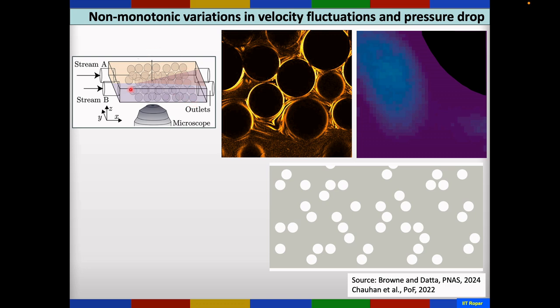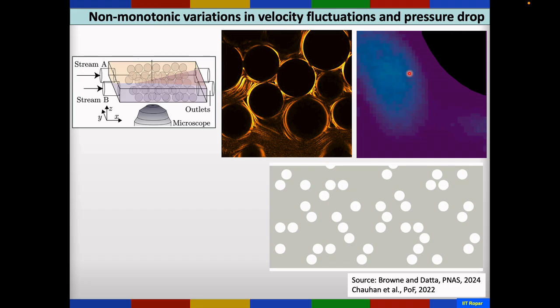They took a model porous media, a microchannel filled with solid spheres, and flowed a viscoelastic fluid through it. What they observed is that once the flow rate exceeds a critical value, you can see a chaotic and fluctuating flow behavior due to the appearance of elastic turbulence.